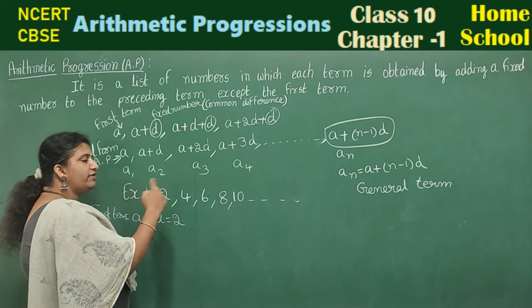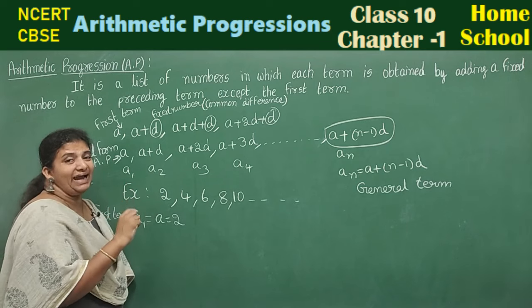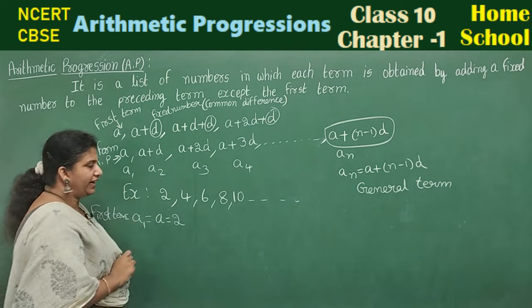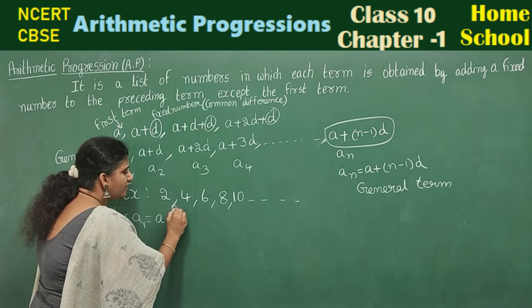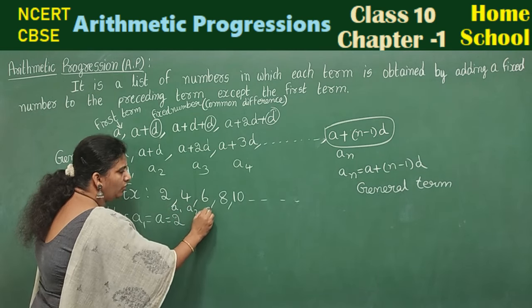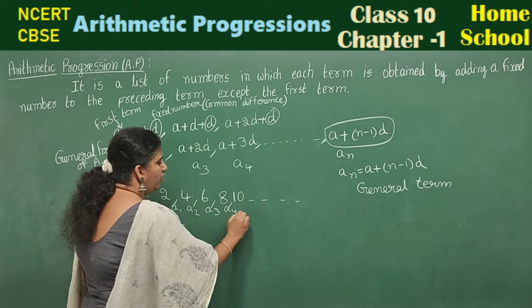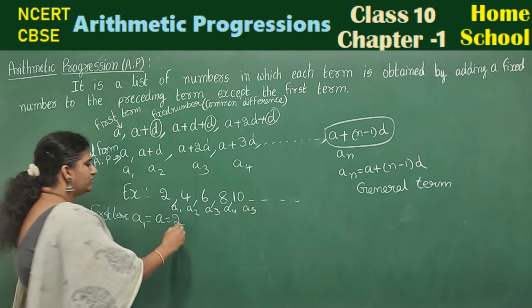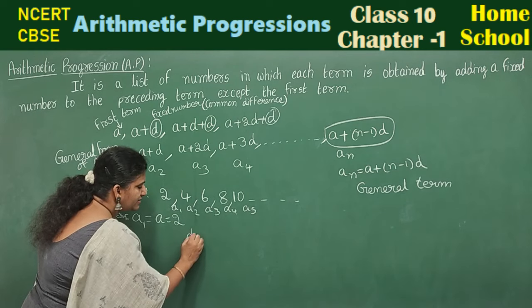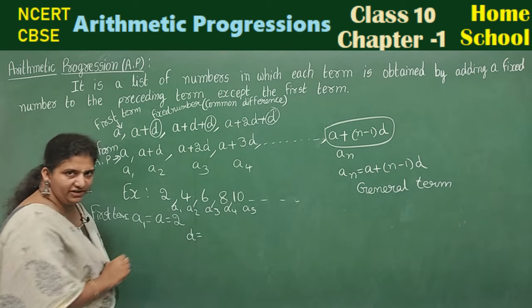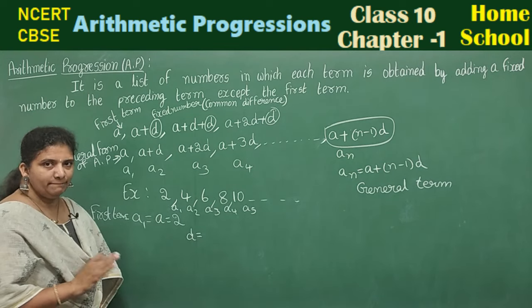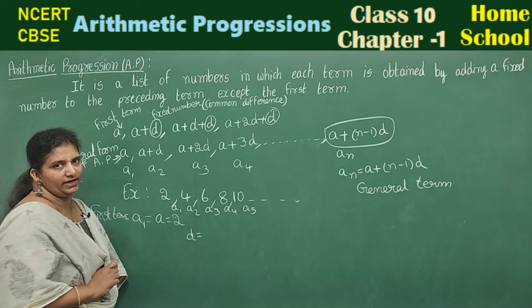So every number is obtained by adding a fixed number. What is that fixed number? Let us find out. Let us see here. A1, A2, A3, A4, A5. We need to find it. So let the fixed number be represented by common difference d. We know it is 2, but there is a rule for it.